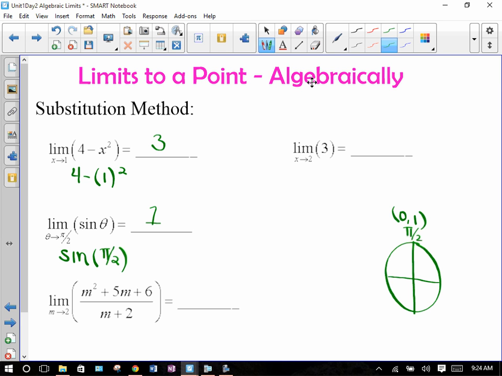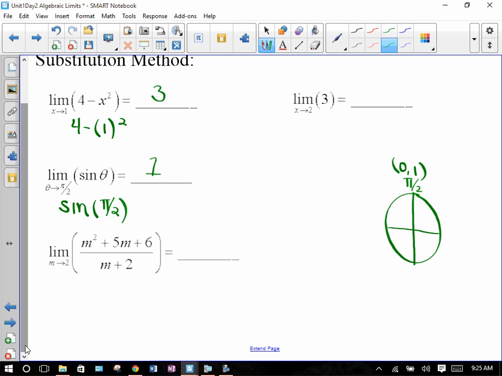Alright. Looking down there at the limit as m approaches 2 of m squared plus 5m plus 6 divided by m plus 2. It looks complicated, but what are we going to use here? No calculator. We're going to put a 2 in. This would be something, again, that you cannot use a calculator on the test.